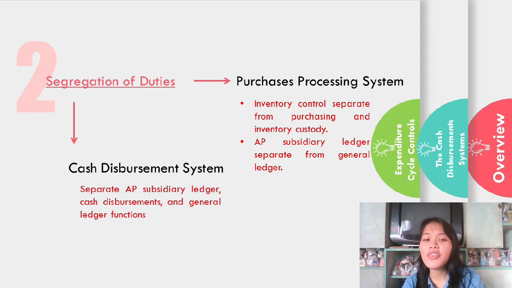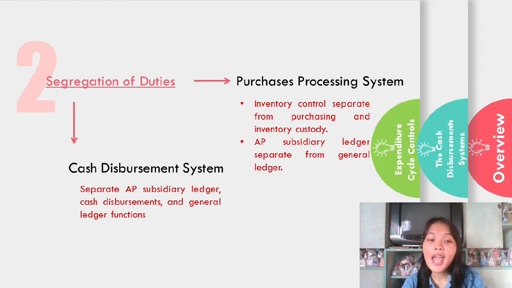Okay, then under the cash disbursement system, it is best to segregate general ledger and accounts payable from cash disbursement functions. The asset involved in the cash disbursement subsystem is the literal cash, and such asset is controlled by the AP subsidiary ledger and the cash account in the general ledger. Meaning to say, cash disbursement depends on how much is recorded in the AP subsidiary ledger, and in effect affects the amount of cash recorded in the cash account in the general ledger.